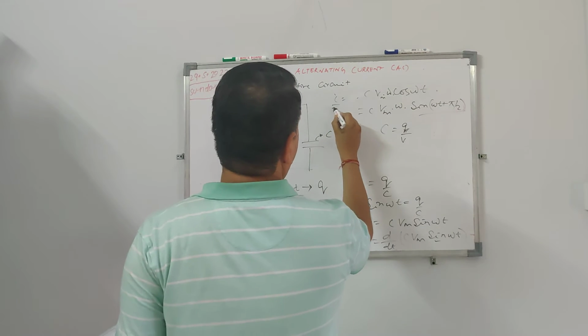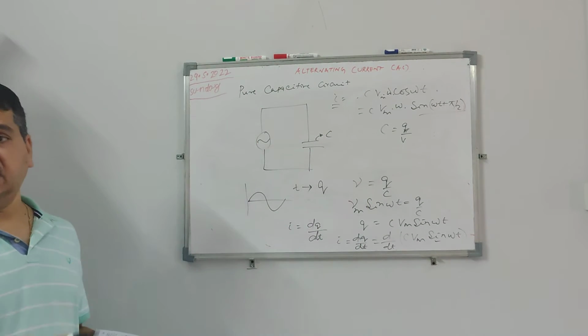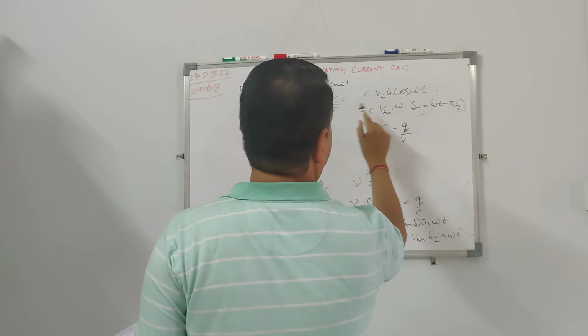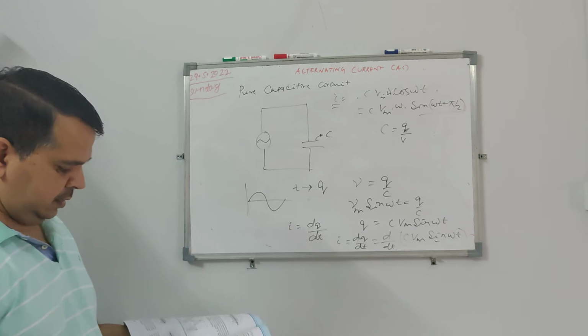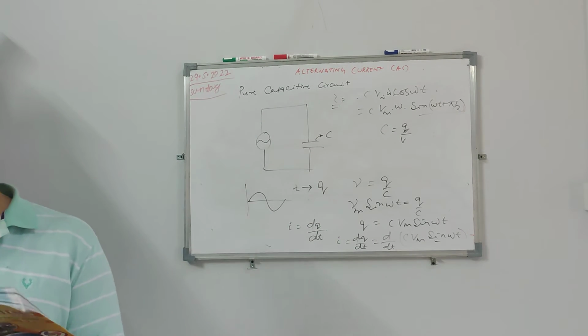Now your current is leading. In a capacitance, you can see that current is ahead of voltage, and voltage will lag by pi by 2. So current is ahead means voltage will lag. Okay, so this is my governing equation.